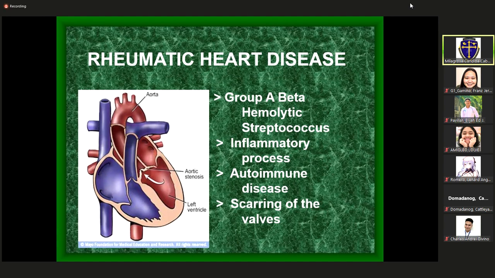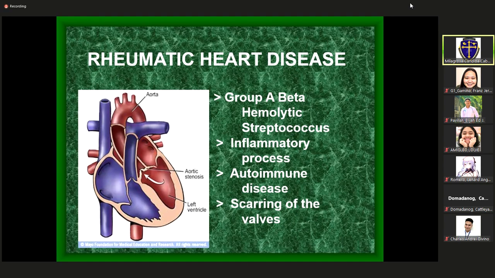The tissues that is found in your tonsils is equally the same as with your heart. That is why if your tonsillitis is left untreated, kahit nagga-gargle ka ng warm saline solution, those bacteria might thrive sa heart. So this can cause damage sa heart mo.